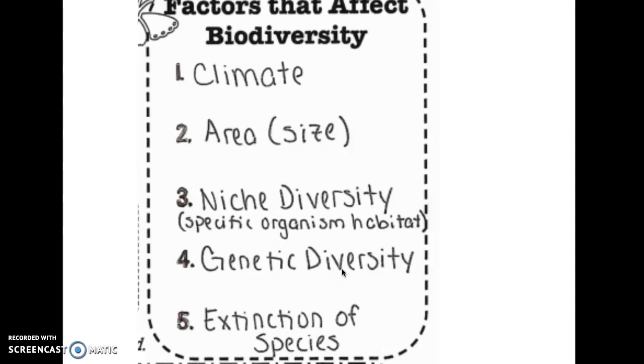Genetic diversity also plays a part in biodiversity. I might have the same species, the same population of the species, but do I have a lot of genetic diversity between them? Do I have a lot of different colors? If you think of your own diversity as humans here, we have a bunch of different students in the classroom of different shapes, sizes, races. They're tall, they're short. We have students with African American heritage as well as Native American.